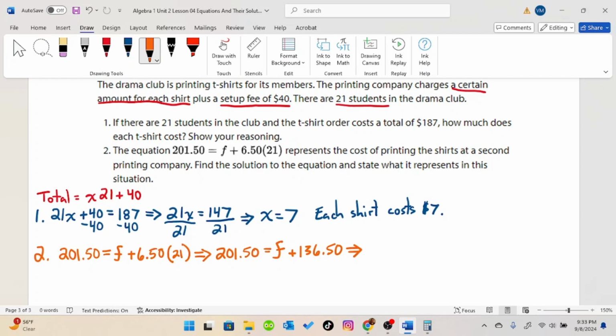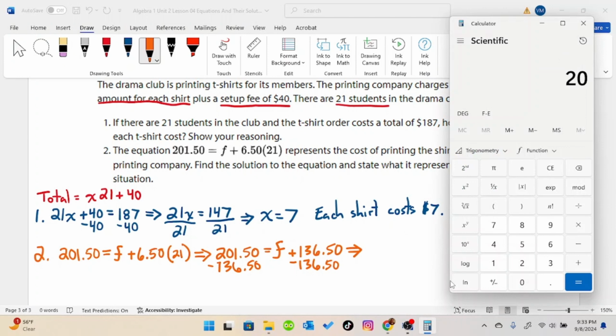The opposite of adding $136.50 is subtracting $136.50. And remember to do it to both sides so that it stays equal. $201.50 minus $136.50 equals $65.